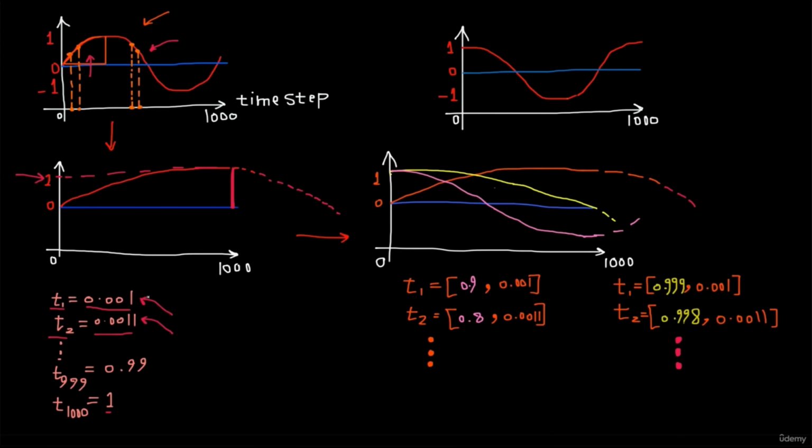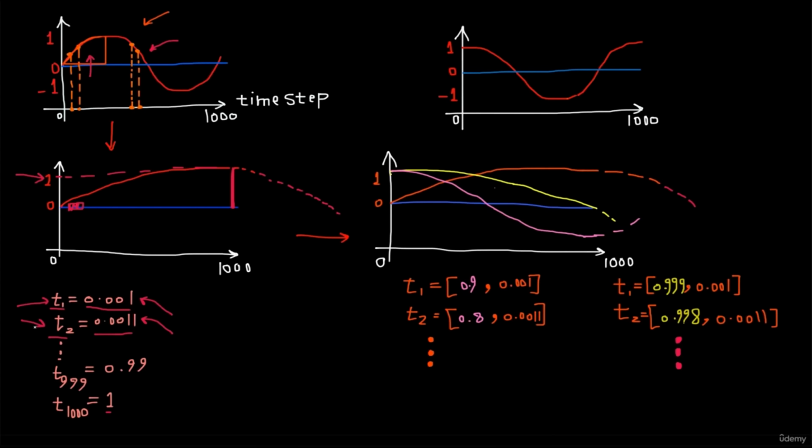Actually, here we reduced the range of possible time steps. So now our neural network is focusing on a specific region of possible time steps. Let's say this region here, and let's say that this region has two time steps, T1 and T2.